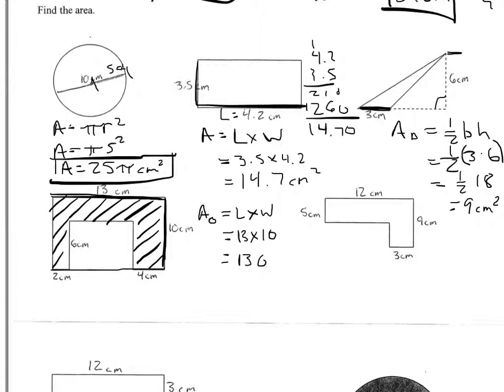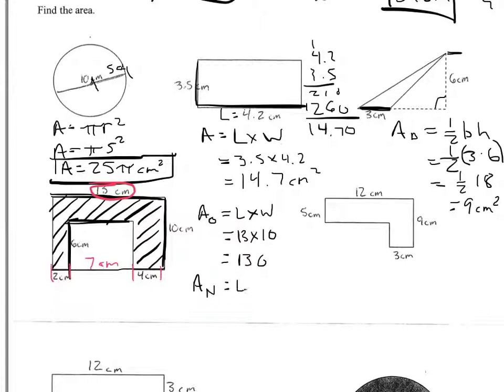Now the negative space is going to take a little bit more thinking. We've got the length of the piece taken out, but we don't have the width. In total, we're looking all the way from here to here to here, which is 13 on the opposite side. So 13 minus the 6 tells us that this width here is 7 centimeters.